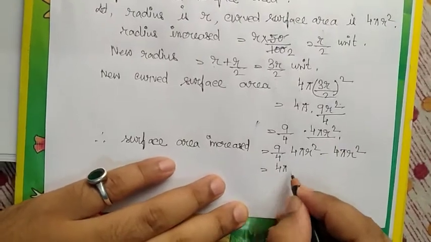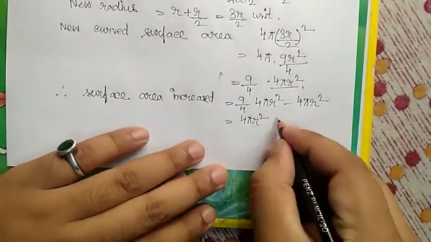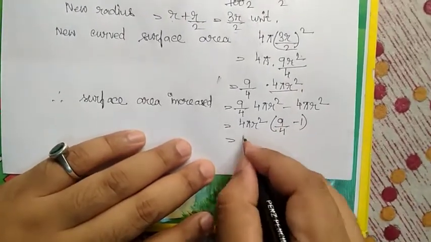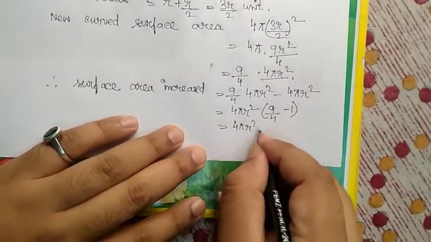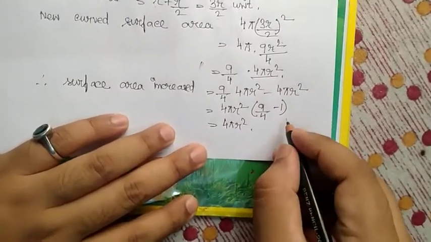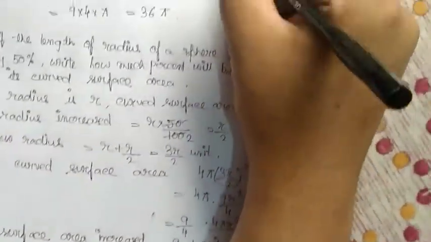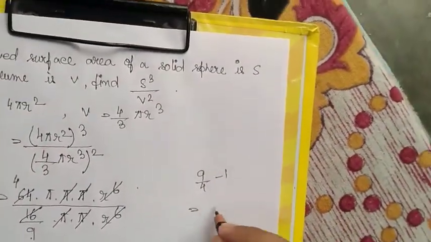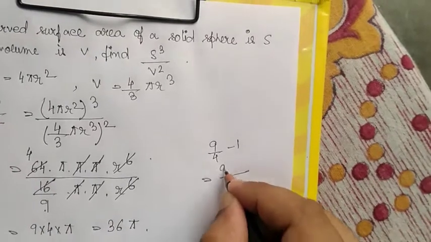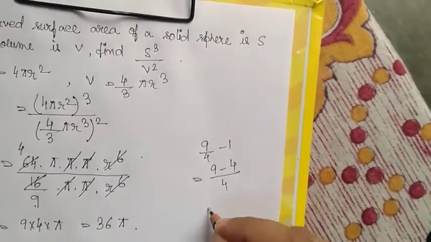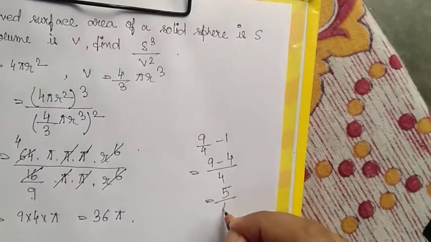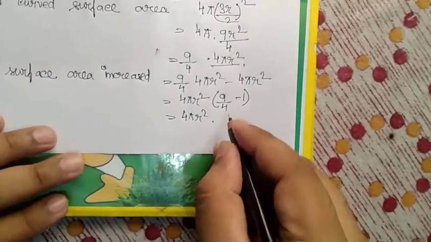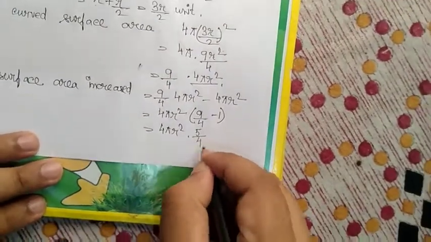Taking common 4 pi r square from both of these, we get 9 by 4 minus 1. So therefore 4 pi r square (9 by 4 minus 1). 9 by 4 minus 1 equal to (9 minus 4) by 4 equal to 5 by 4. So therefore this should be 4 pi r square into 5 by 4.